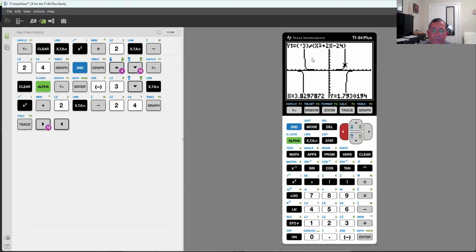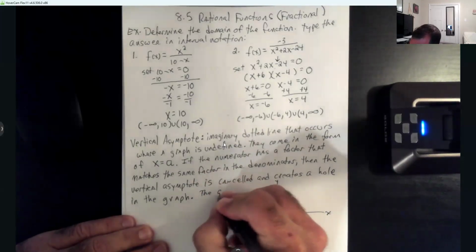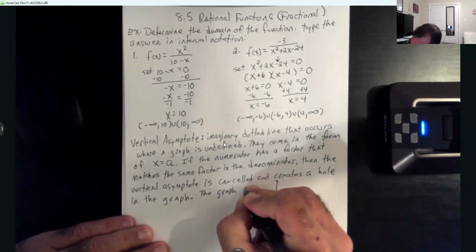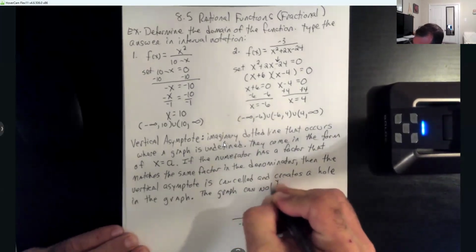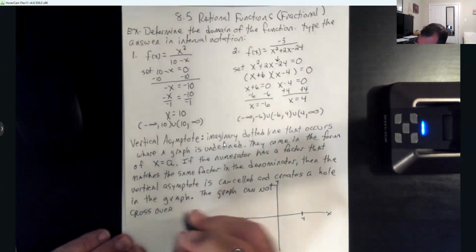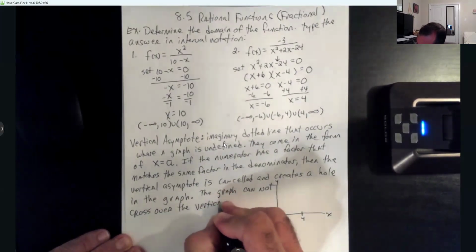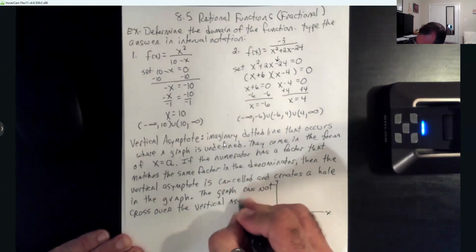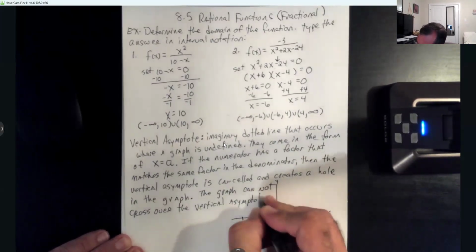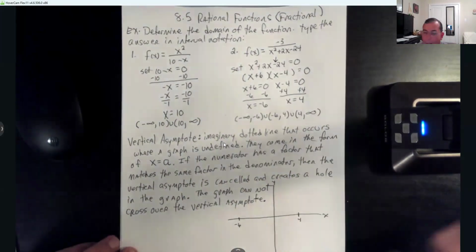Alrighty, so just remember the graph cannot cross over the vertical asymptote. All right, y'all.